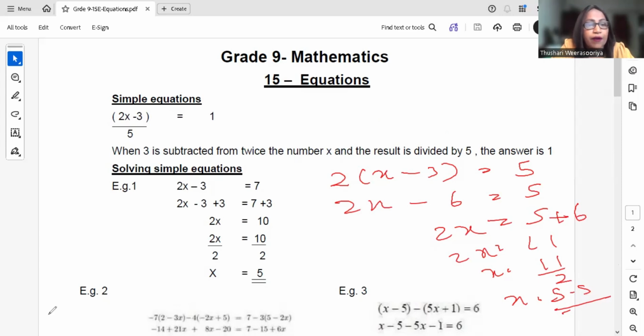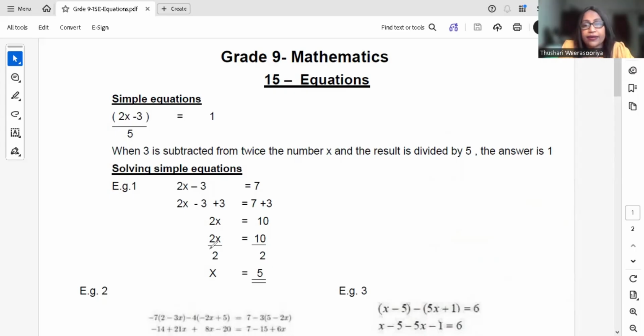We'll go to another type of simple equation. Keep in mind, still we are in the simple equations. Now, we'll go to another type of simple equations. I'll take 3x over 5 equals 9.